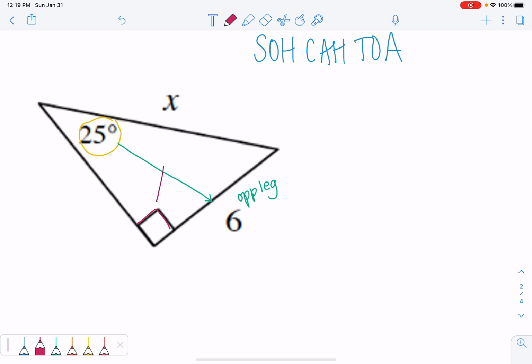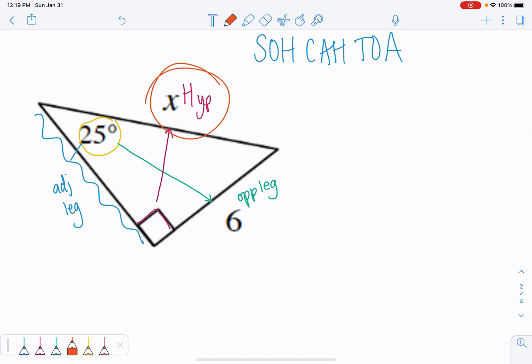Right angle across is our hypotenuse. And the last leg next to the angle, adjacent leg. So we want the hypotenuse, we have the opposite, that's O and H.